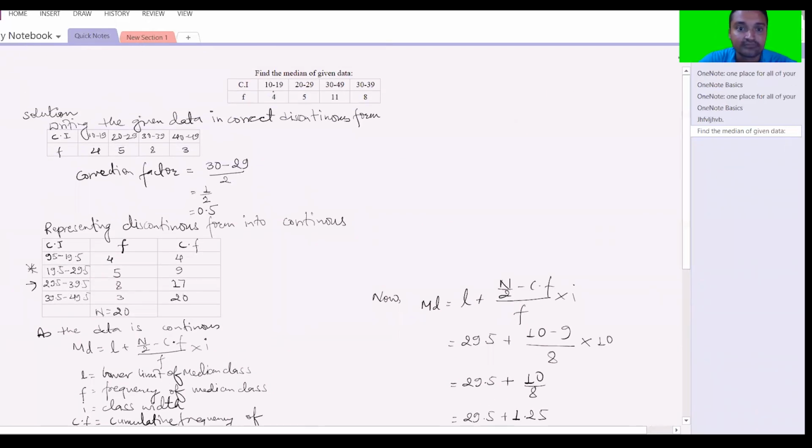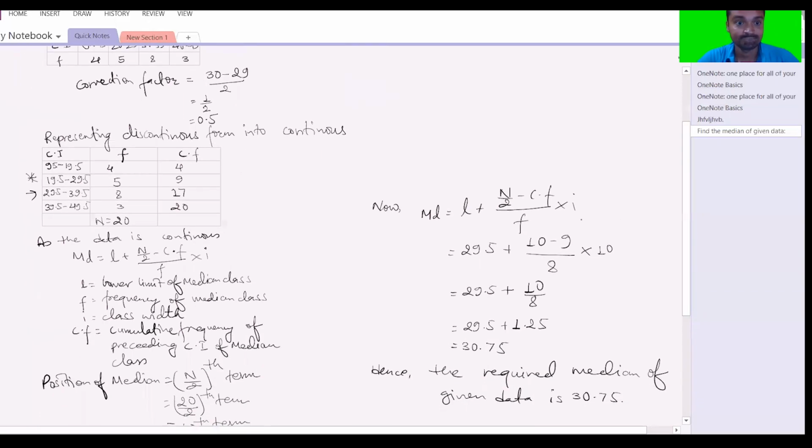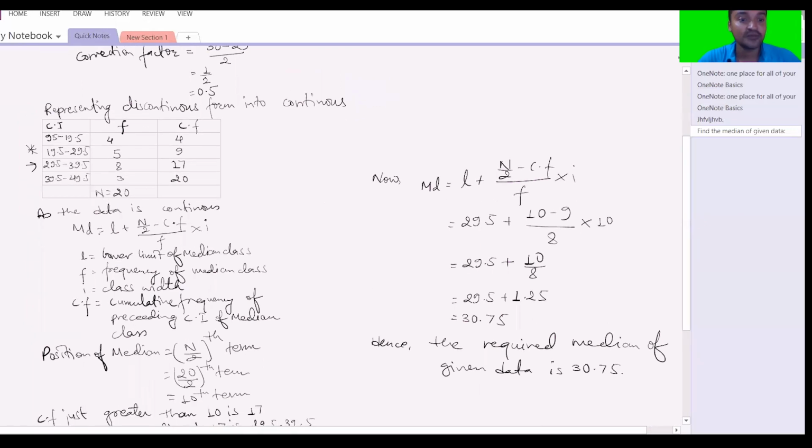See, for discontinuous data with merged class intervals, it's better to first write the correct discontinuous form, then find the correction factor, and then find the required data in continuous form. At first, it's better to write the formula so that it will be easy for the further solution.